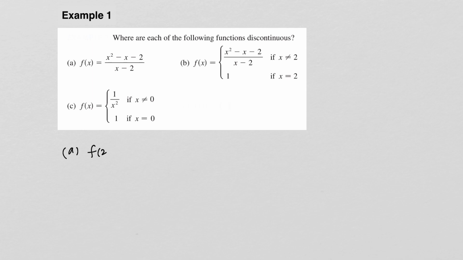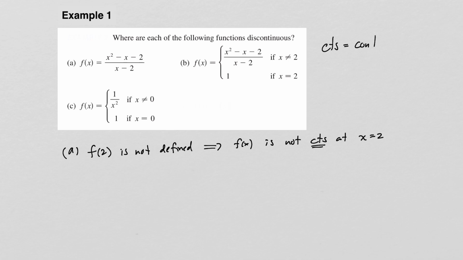So we know that f of 2 is not defined. Since f of 2 is not defined, this means that f of x is not continuous at x equals 2. And we're going to use the abbreviation CTS to mean continuous.